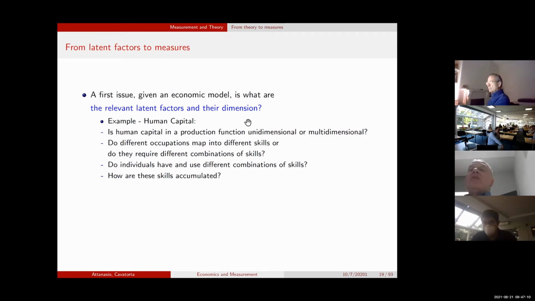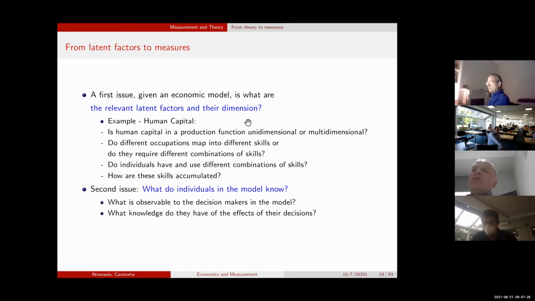We know that different occupations map into different skills, or do they require different combinations of skills? Do individuals have and use different combinations of skills? And how are these skills accumulated? So depending on what you study, you might want to answer those questions differently, and then use different measures.